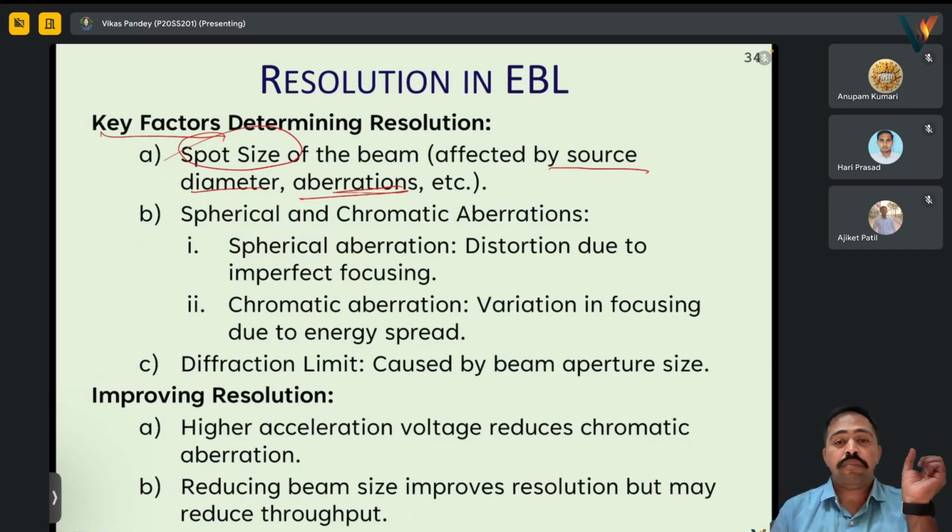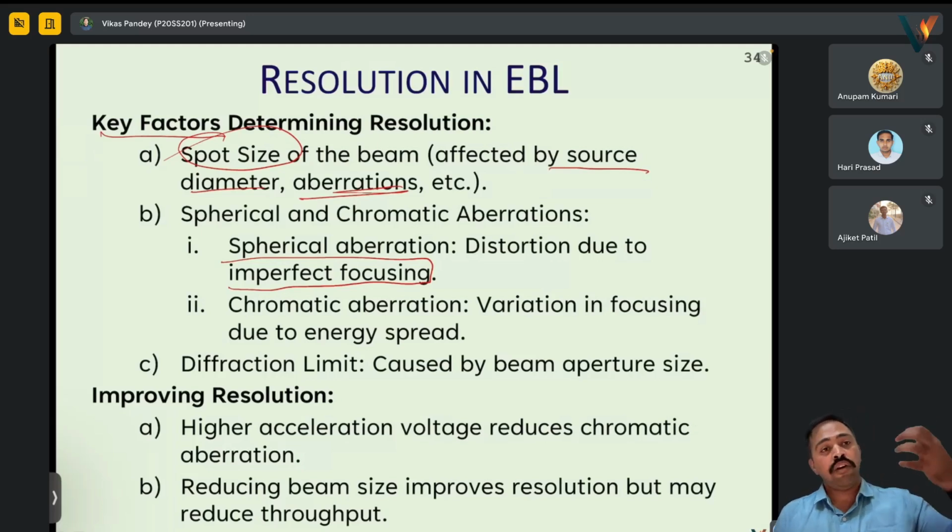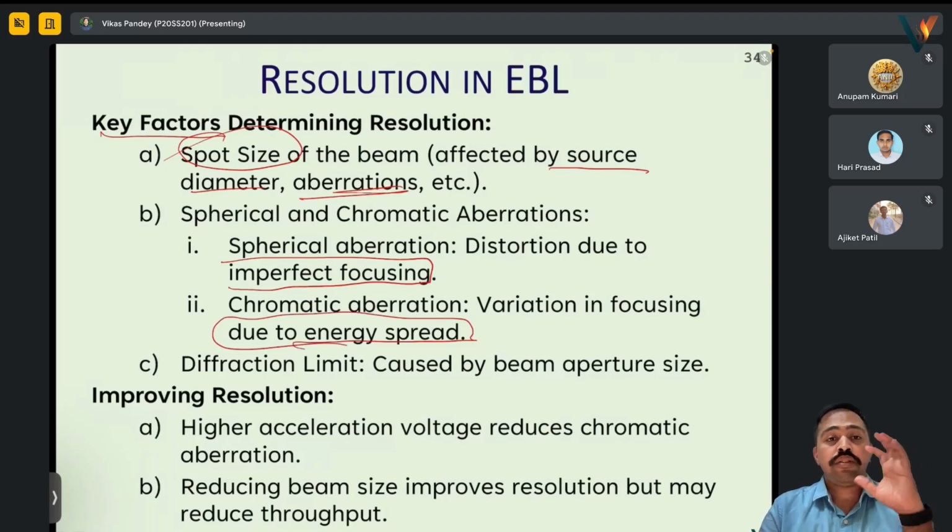Spherical means a problem with focusing, due to imperfection in our focusing optics. Chromatic aberration is due to the energy spread of the source. And the diffraction limit is another factor, due to the beam aperture size. The aperture size of the beam will again determine the resolution.